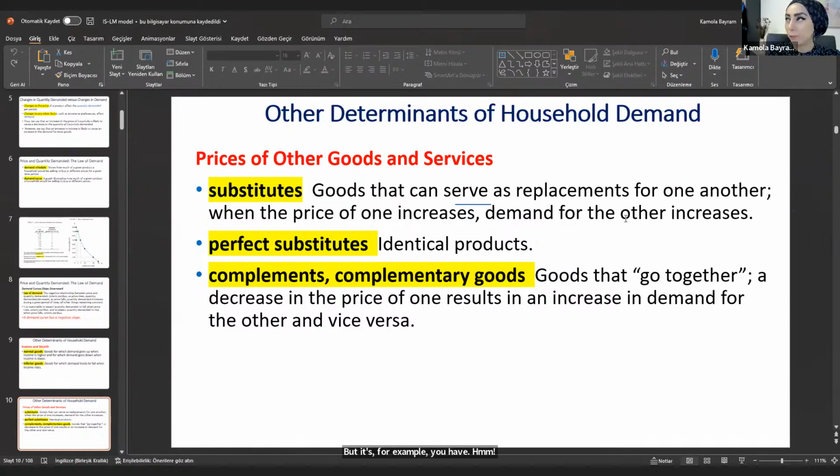Now before moving to perfect substitutes, let me give you an example again from food. Since it's Ramadan, all my examples come from the kitchen. Let us say you have two brands of ketchup, brand A and brand B: Calve ketchup and Heinz ketchup. If the company Heinz decides to increase the price of their ketchup by, let's say, two times.